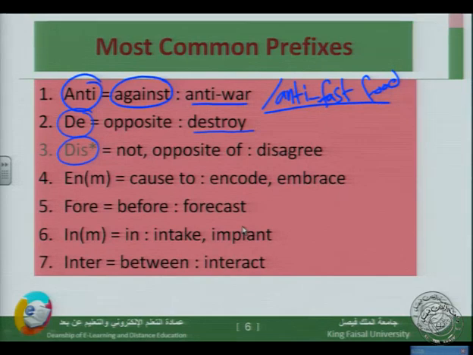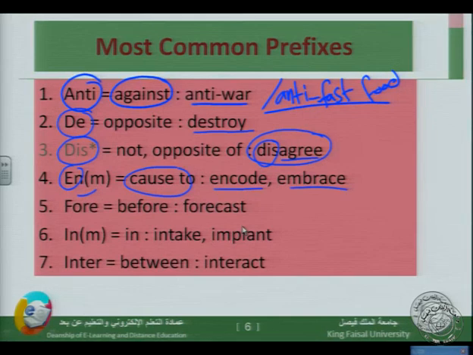Here we have a very simple example. When we say agree, I agree with you, and I disagree, which means I don't agree with you. So this gives the opposite meaning of agree. En and em give the meaning of cause to, like encode, embrace.